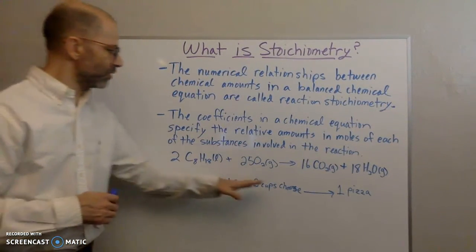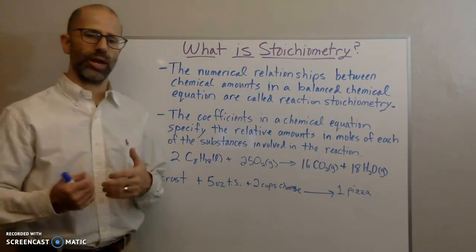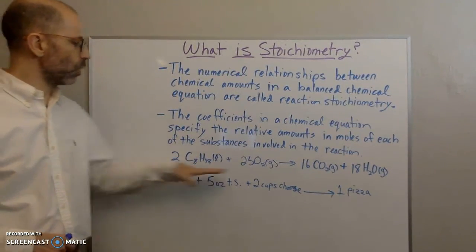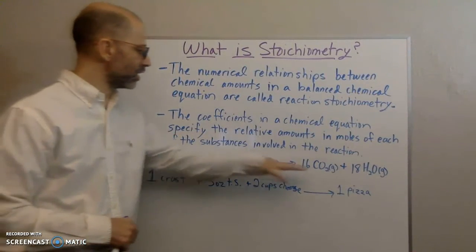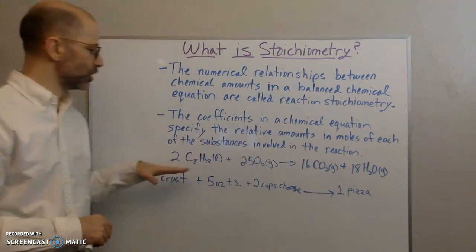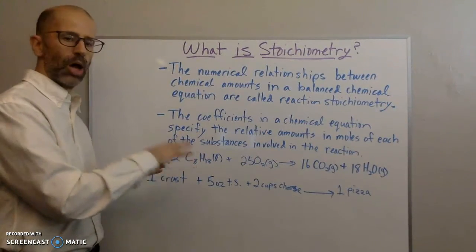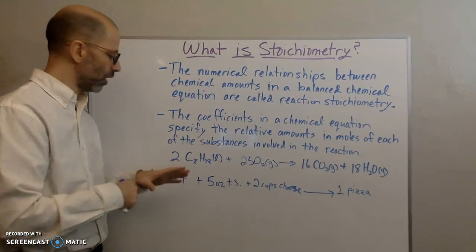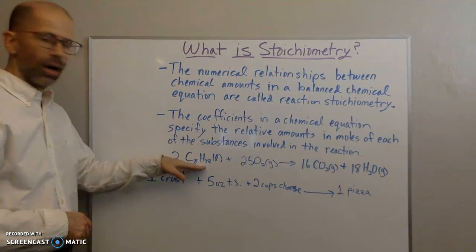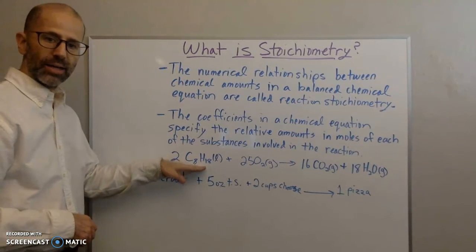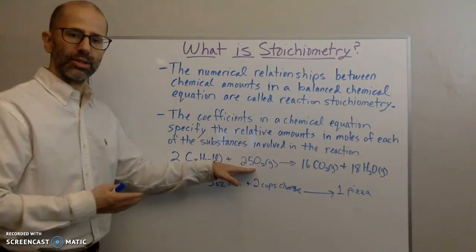So this is a way of understanding balanced equations and chemical reactions. So this is what we call stoichiometry. The relationships of the coefficients to each other stays the same. And so those relationships can help us figure out, well, if I have 16 moles of my octane, how much oxygen do I need?